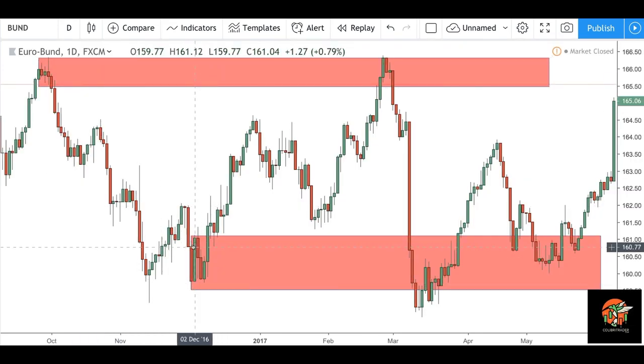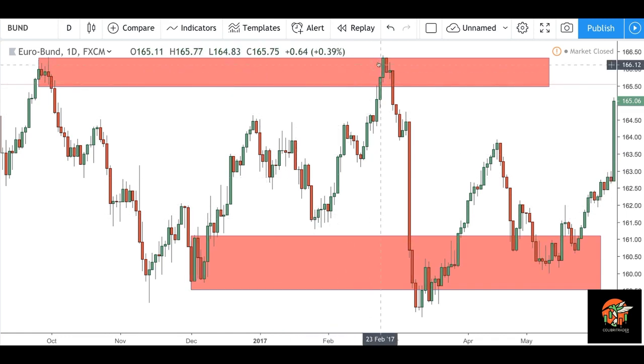Then again, when we reached the level of 160 approximately, then we had this cluster of a few candles which formed the supply zone, and it found lots of strong buyers, which actually pushed the price almost to the top of this range, or the supply zone.